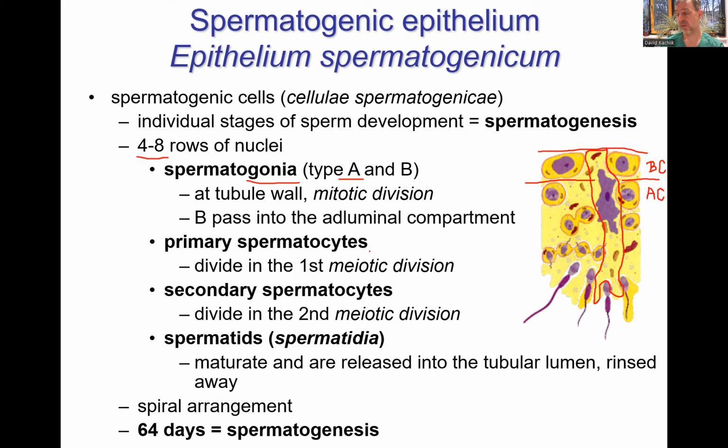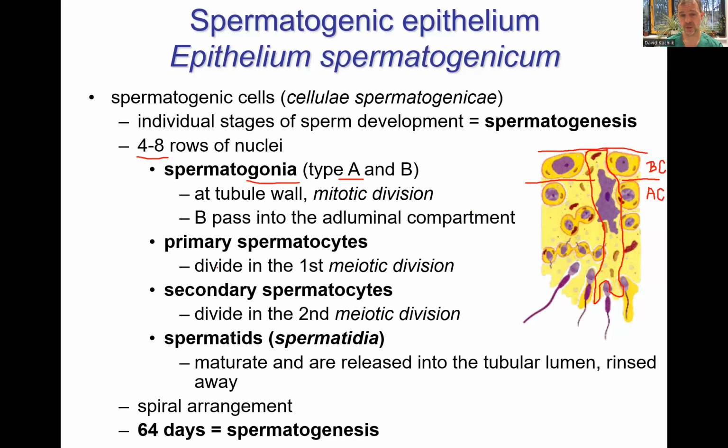Then the chromosome equipment is changed, so the antigens are changed. So it's already considered as a dangerous or body-alien structure, and that's why it has to be located in a different compartment, divided by the so-called hematotesticular barrier. I'll come to that later. So that's why you have two compartments.